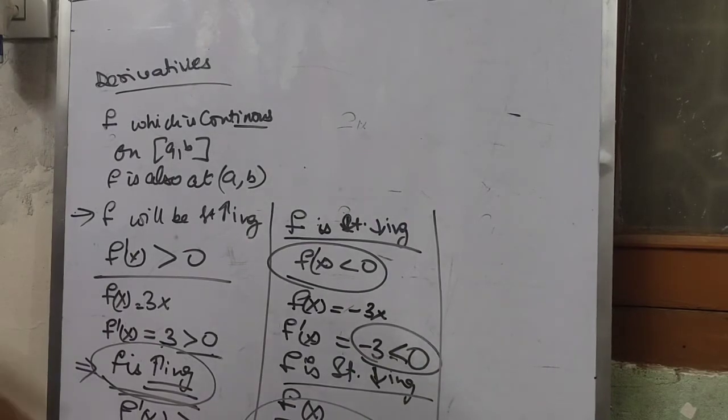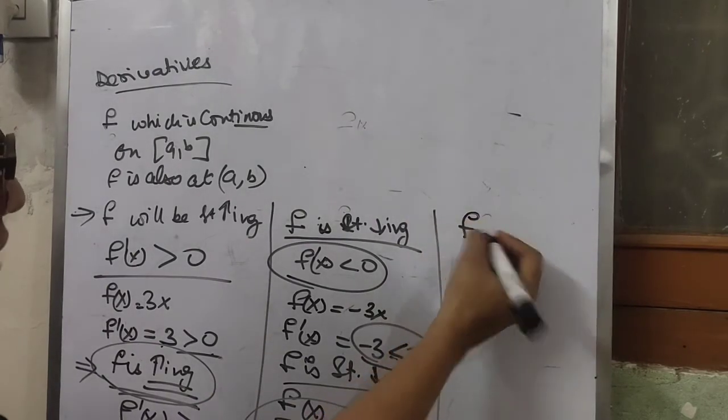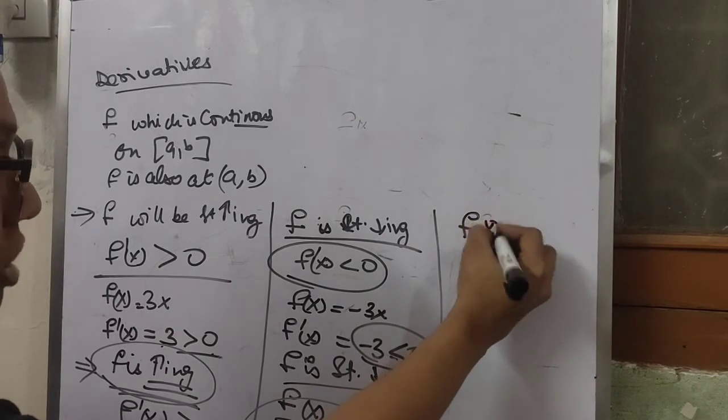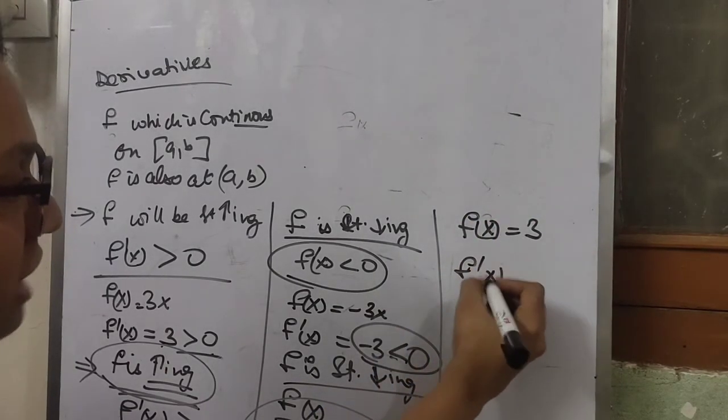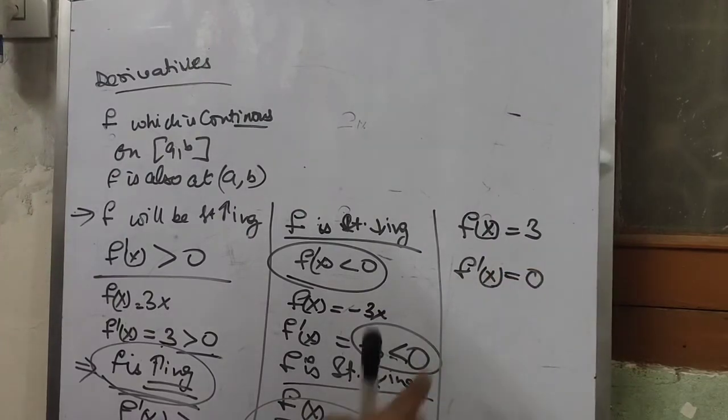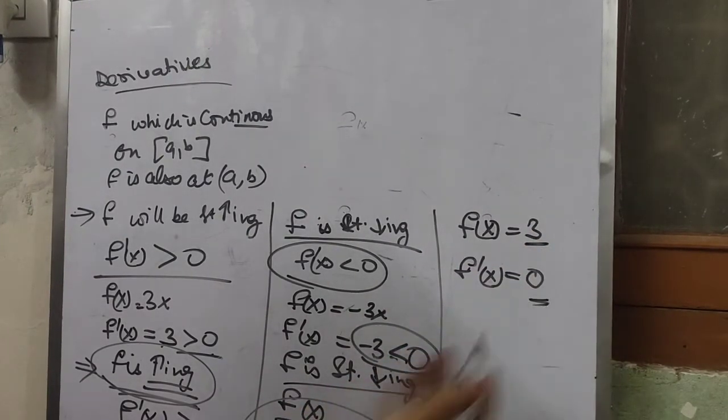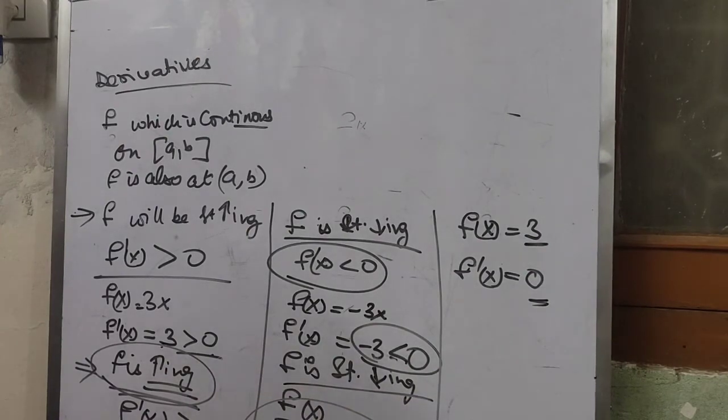If I say that my f function is equal to, for example, 3, and if I take f dash x, which is equal to 0, so if I'm deriving a constant number, I'll always get a 0, because a constant will have 0 derivative.